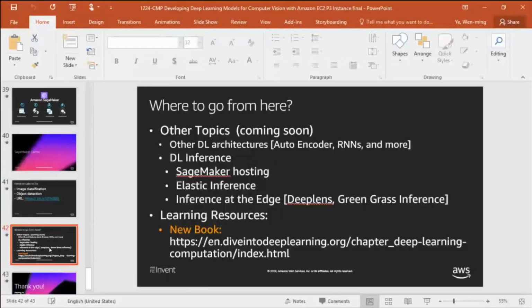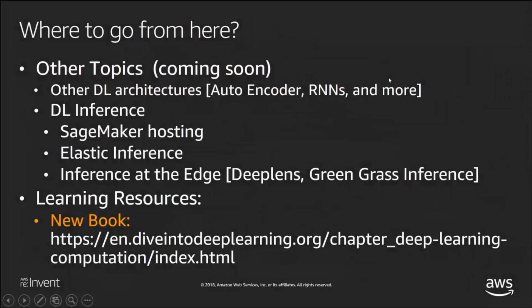And finally, I want to talk about where to go from here. We talked about deep learning today. Deep learning is really revolutionizing the world of machine learning because it is much more accurate. The caveat is you need a few orders of magnitude more data. The more data you have, the more accurate these deep learning algorithms will become.